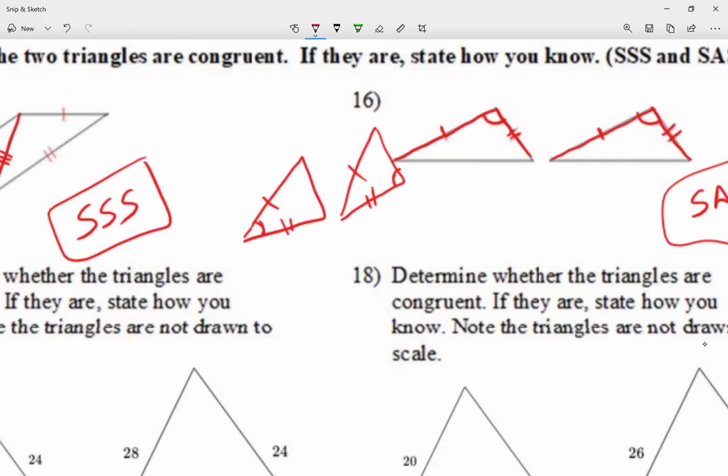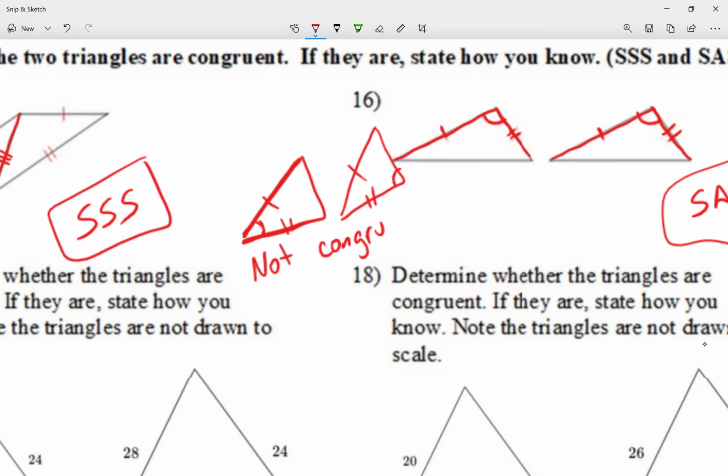Notice how on the triangle on the left, the angle that I mark is the included angle, because it's the angle where these two sides meet. But you see how the other triangle is not the same angle? I mark a different angle, to try to confuse you. When that happens, when I didn't mark them correctly, my answer for this would be not congruent.